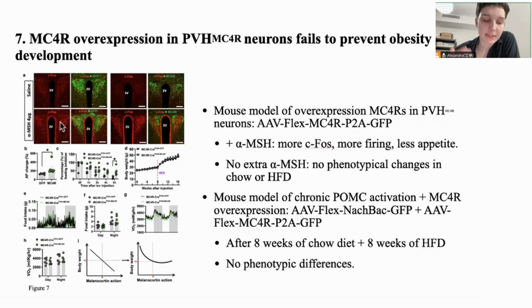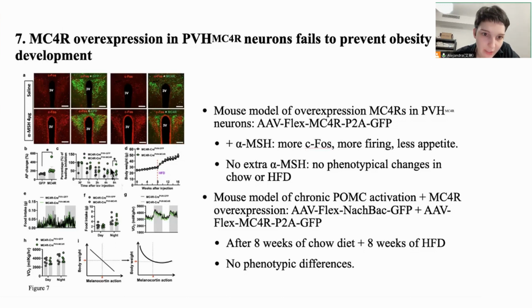As it's known that alpha-MSH has an inhibitory appetite effect, they repeated the experiment in vivo, and they found that alpha-MSH caused a significantly more inhibitory effect on fast refeeding in the MC4R mice. But without the alpha-MSH treatment, MC4R overexpressed mice didn't display any body weight difference when fed either chow or high-fat diet.